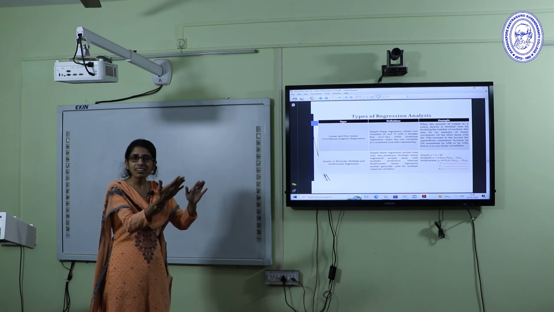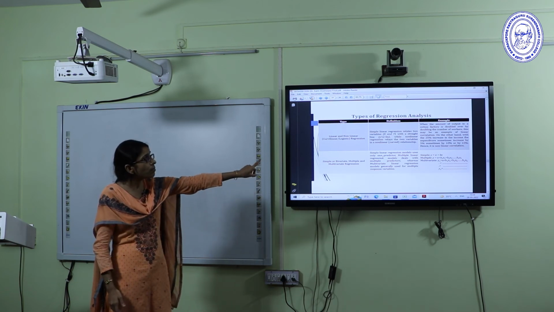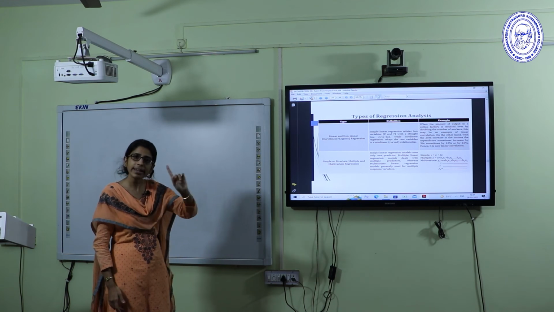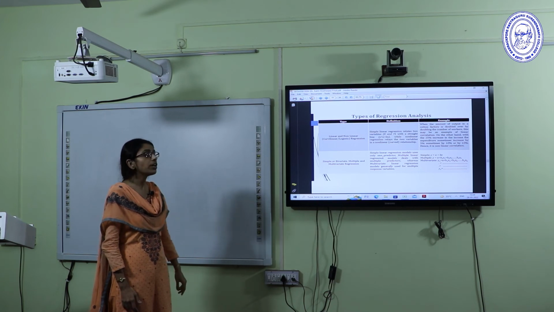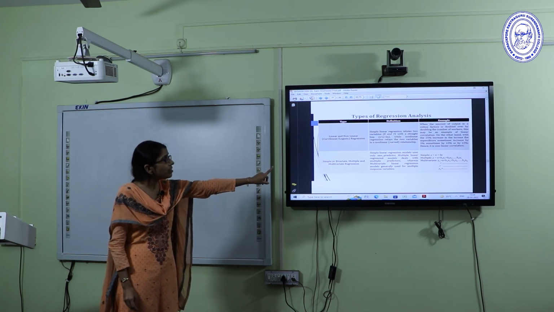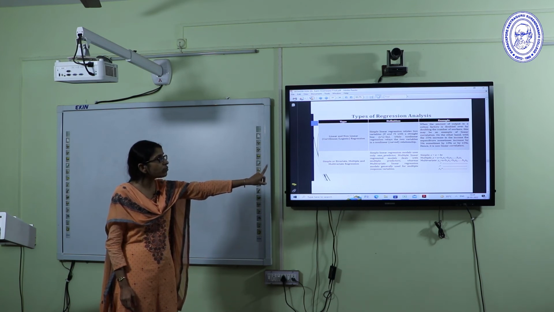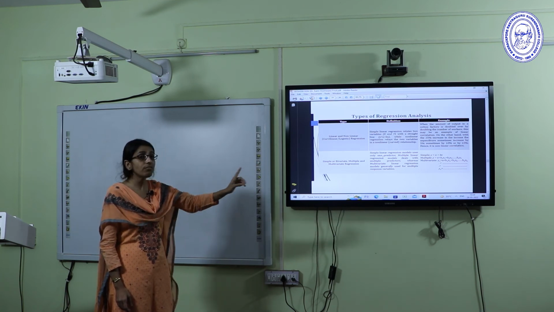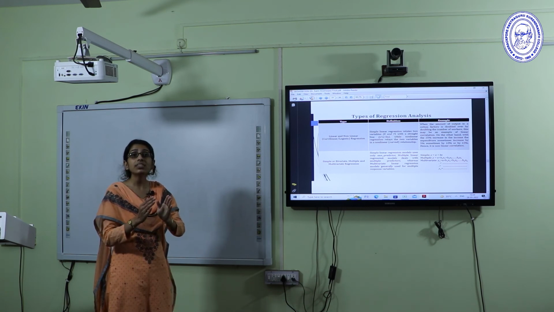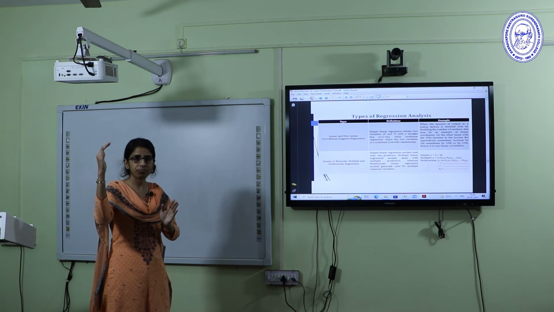When you write this mathematical form to express the simple or bivariate relationship, you have only one predictor variable, that is x. The second one is multiple regression, where the relationship is y equals a plus b1 x1 plus b2 x2 and so on up to bn xn. That means your dependent variable is one, but your predictor variables are multiple: x1, x2, x3, up to xn.